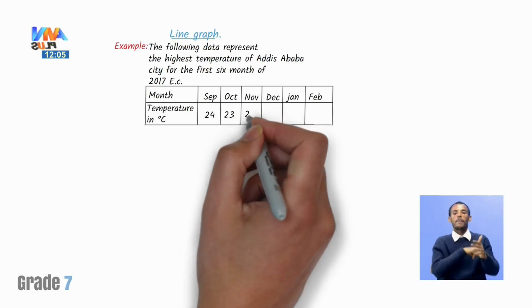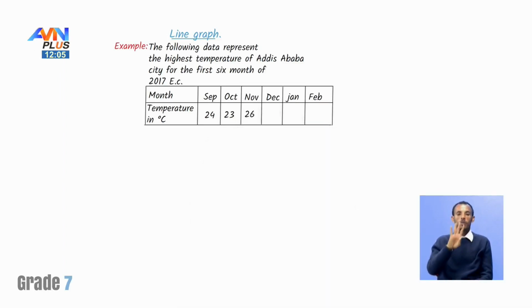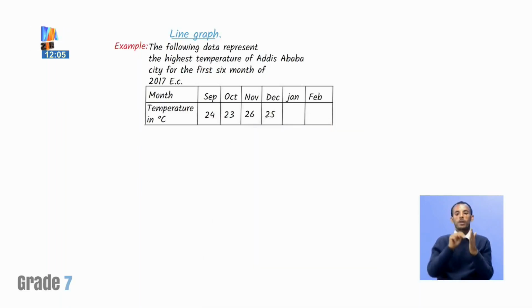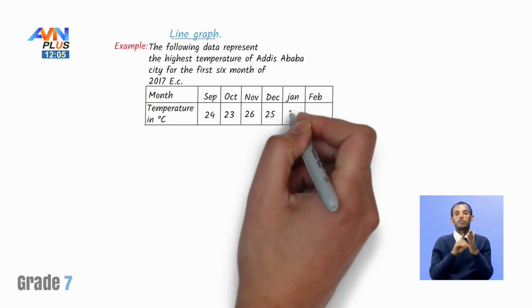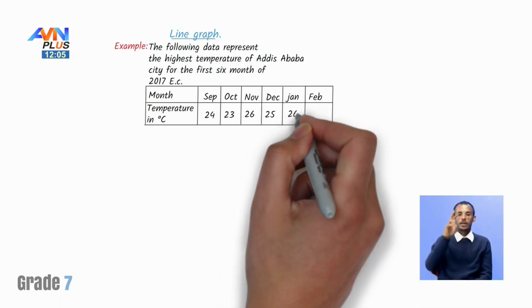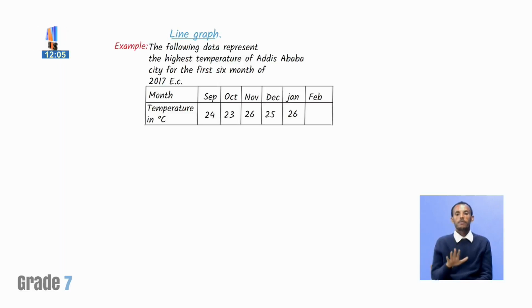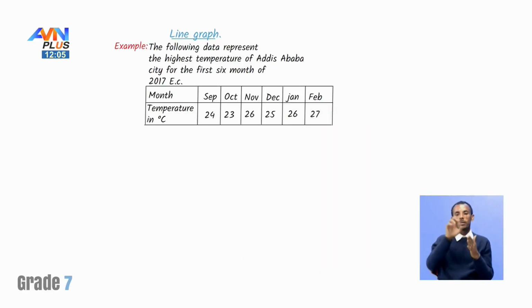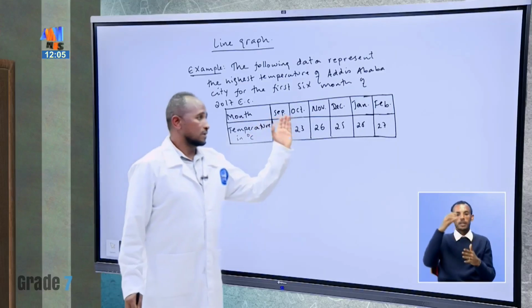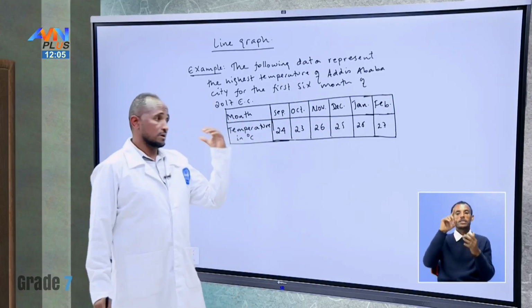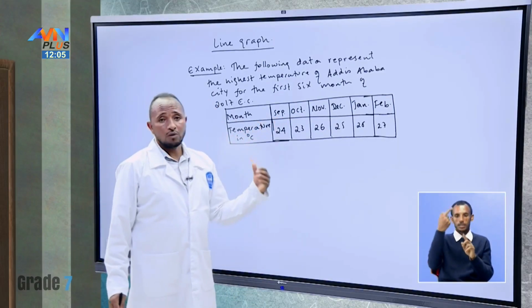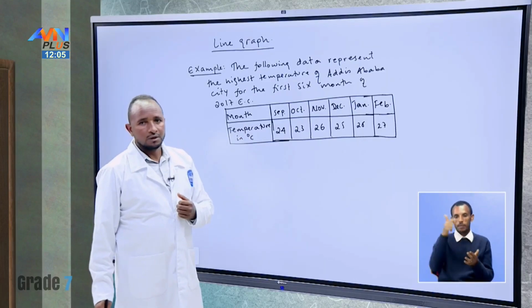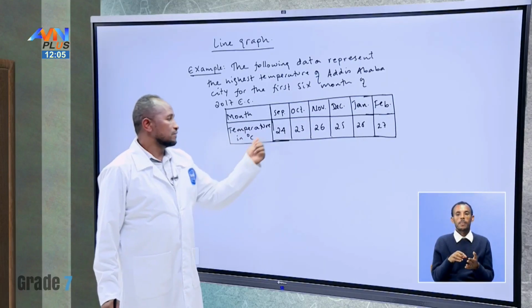Temperature. Okay, so the temperature in degree Celsius for the first 6 months of 2017 of Addis Ababa city is given here.